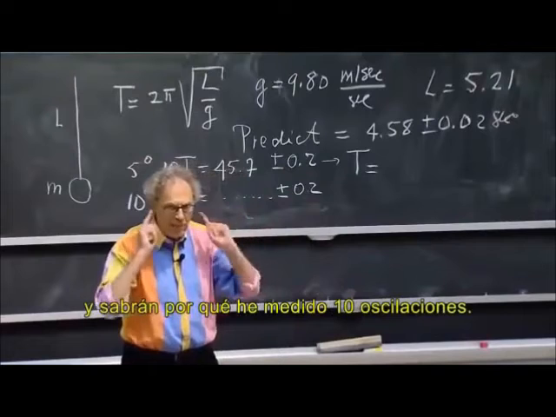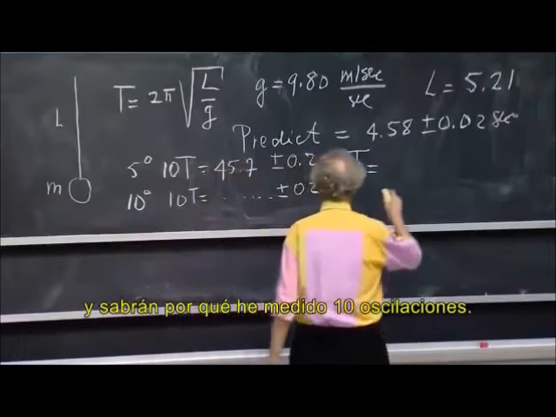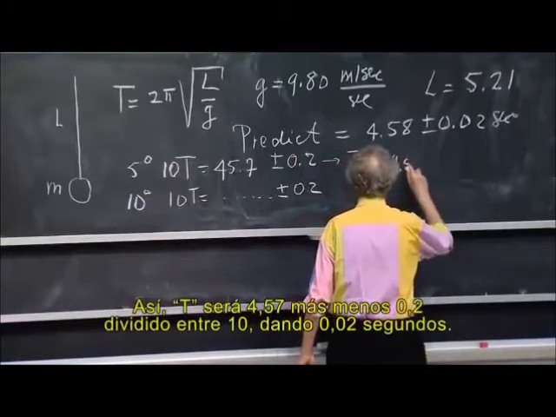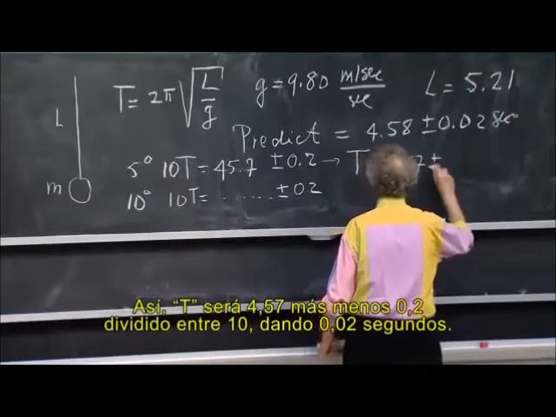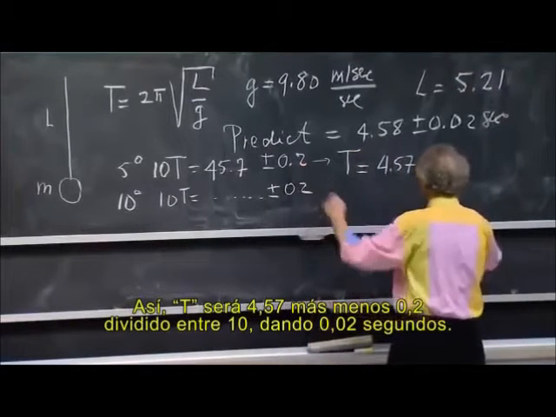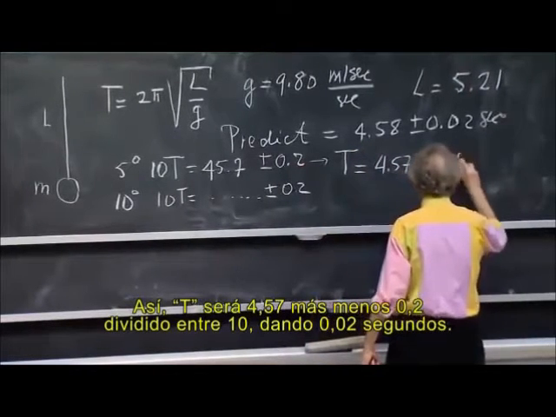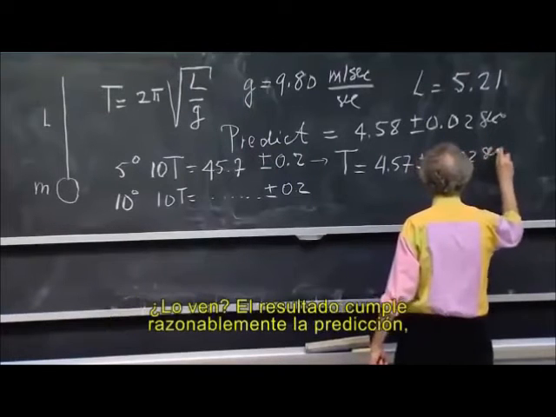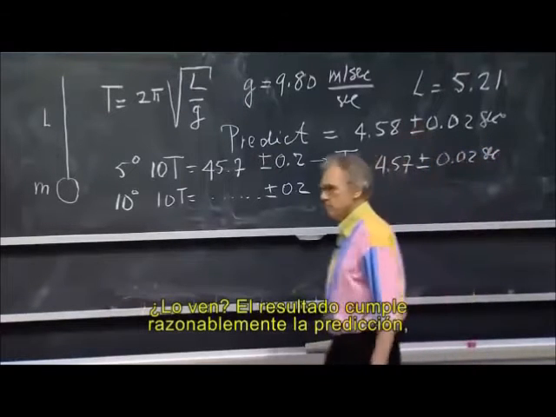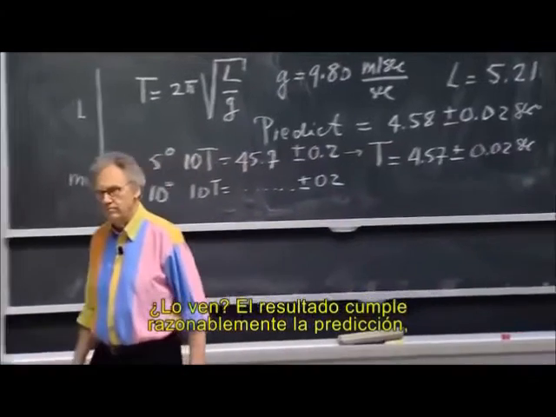And now you will see why I measure 10 oscillations. So t is going to be 4.57 plus or minus 0.2 divided by 10. That is plus or minus 0.02 seconds. And you see, comfortably within the prediction.